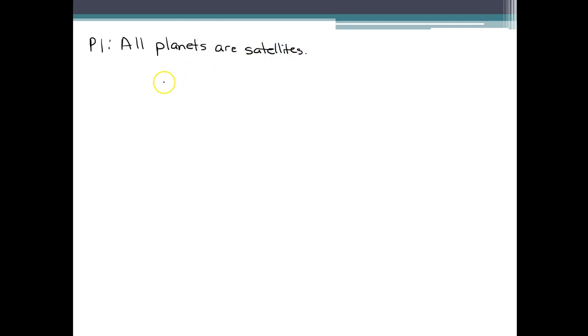Premise 2 is that Picard is a satellite. And conclusion, Picard is a planet.